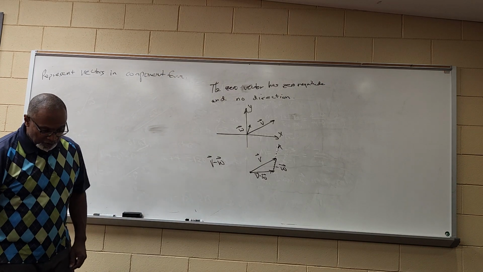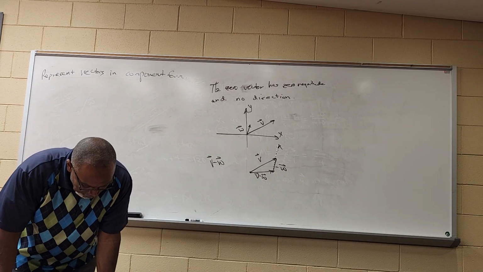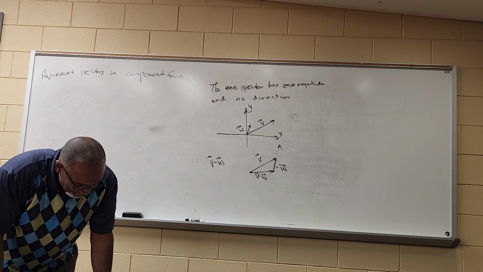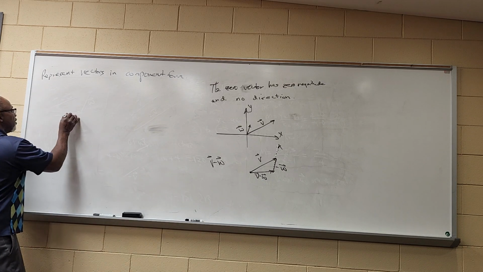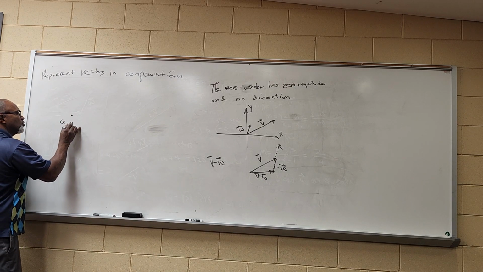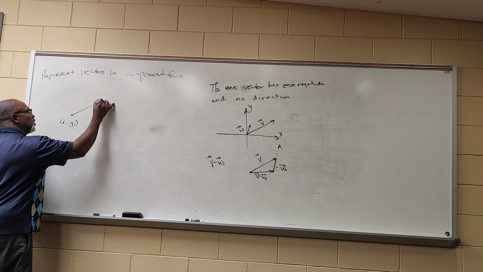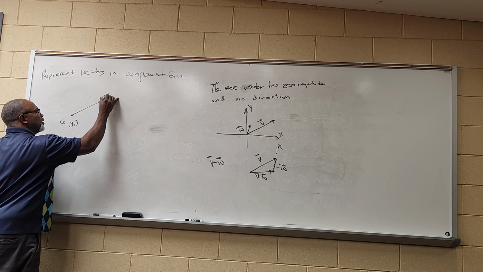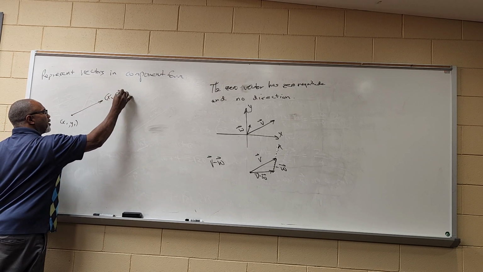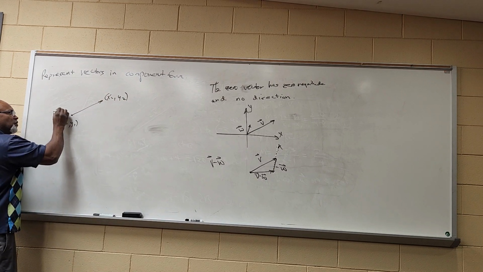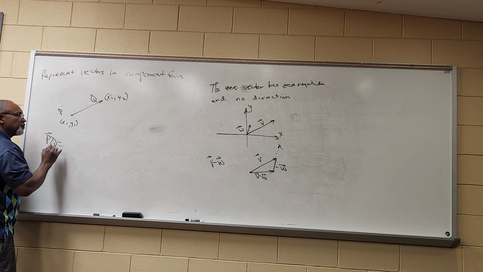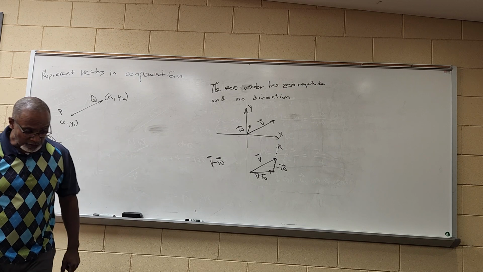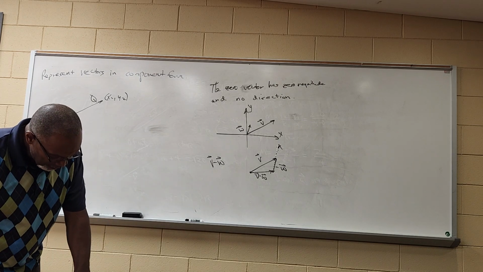If I think about a vector going from one point, x1, y1, to some second point, x2, y2, and suppose this is P and that's Q, then I can think about vector PQ. I can actually write an equation for that vector, okay?